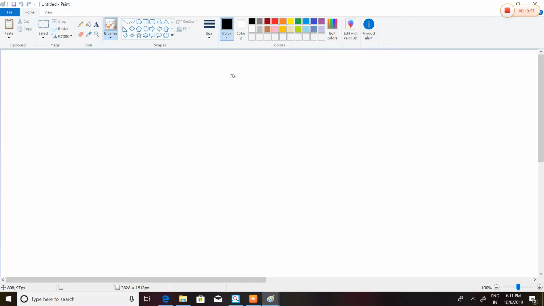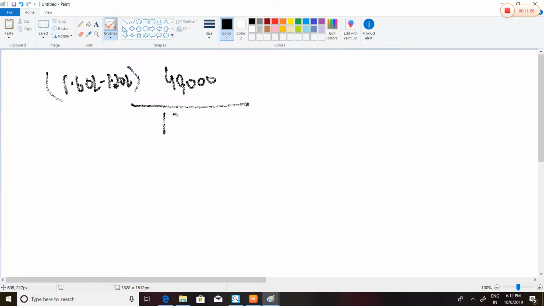See, the value of inventory with A Limited is rupees 1 lakh, that is included. So 40,000, that is 1.60 lakhs minus 1.20 lakhs equals 40,000, divided by 1,60,000, into rupees 1 lakh.